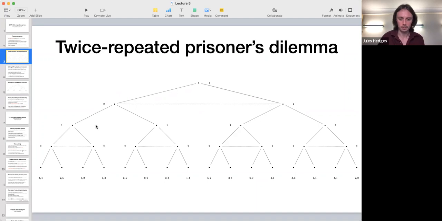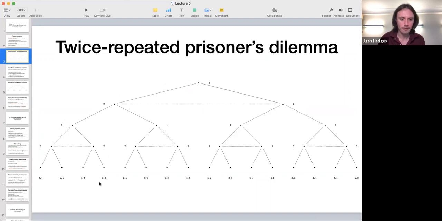And then in the second round, each of these branches represents the second round after each of the possible plays of the first round. The information sets are set up so that both players know exactly which play happened in the first round.